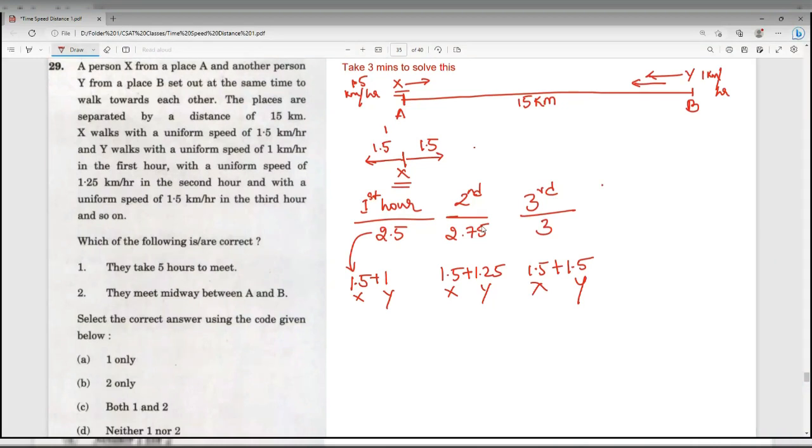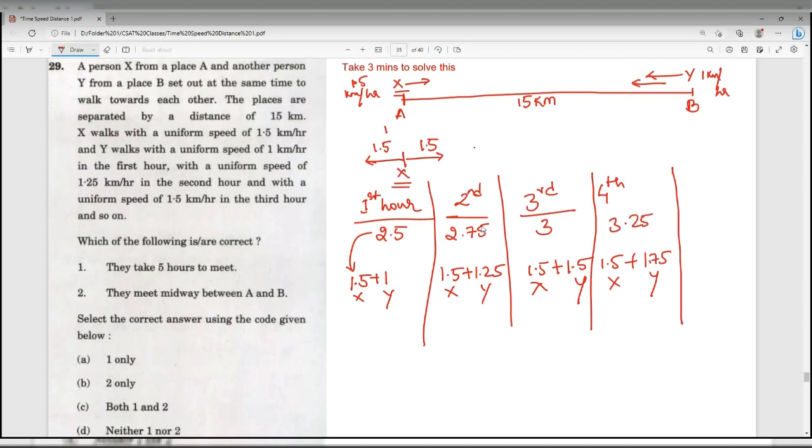And the fourth hour, X is 1.5 again, X is not changing, and Y becomes 1.75, and the combined speed is 3.25.